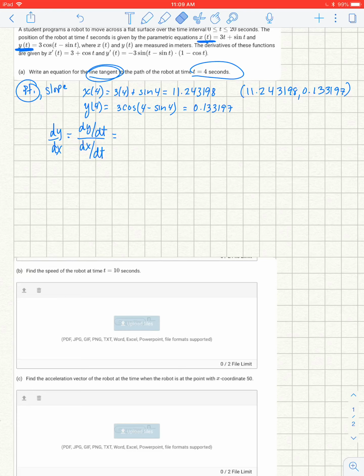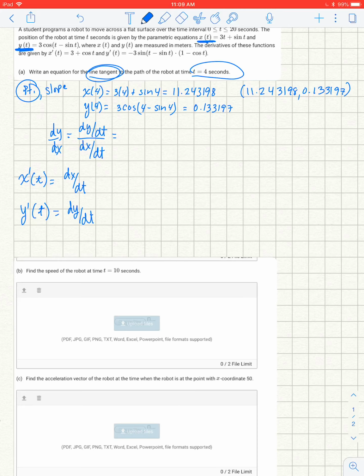since you have x prime and y prime. So x prime is dx dt. Y prime, my bad, that wouldn't make sense. Okay, x prime is dx dt. Y prime is dy dt.